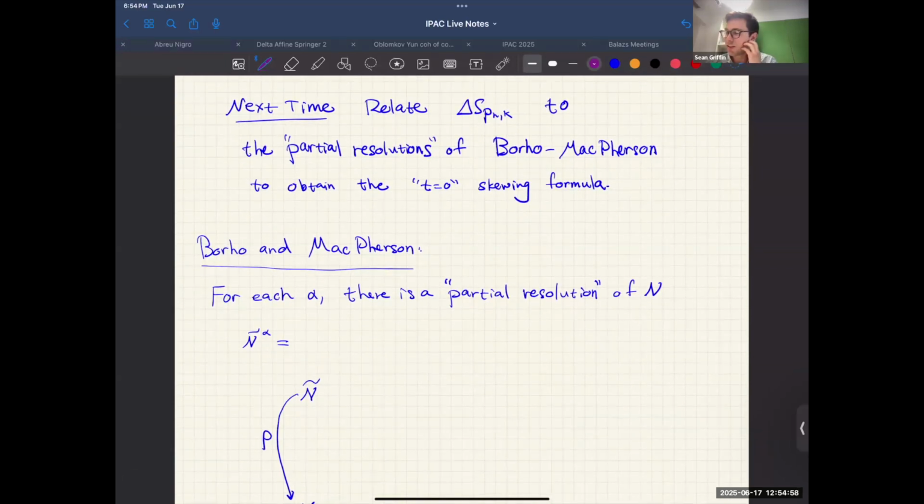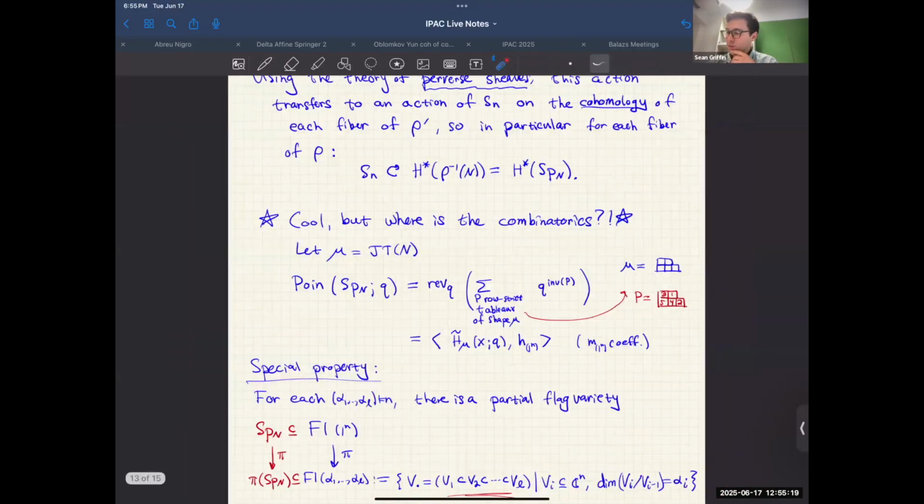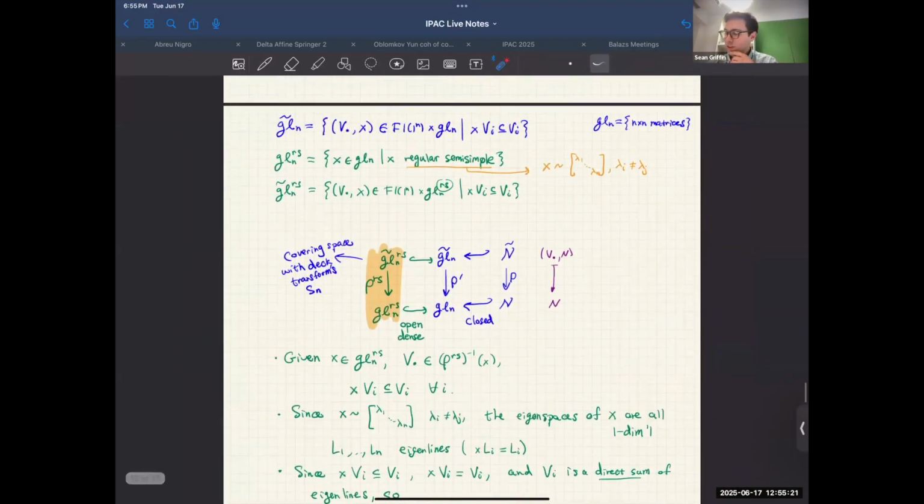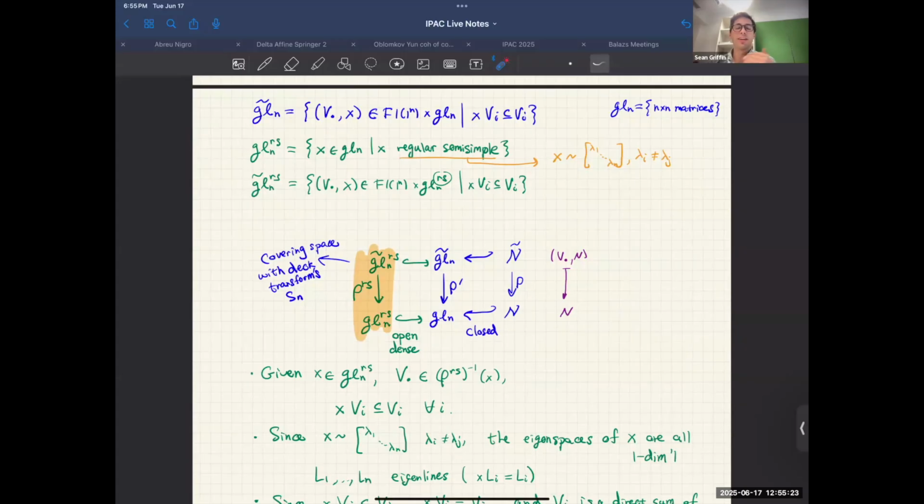So the next goal is, in order to use the Springer theory, thanks, Andy, we need to relate these delta Springers to all of the constructions I said above, with these resolutions of singularities and then Sn acting on fibers of some map and transferring it over.